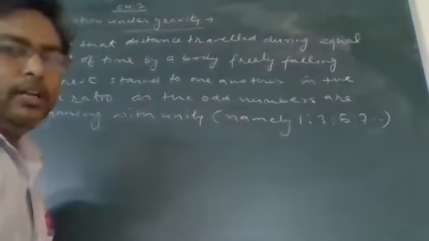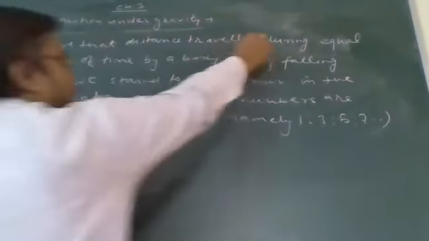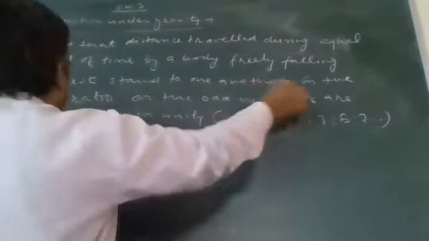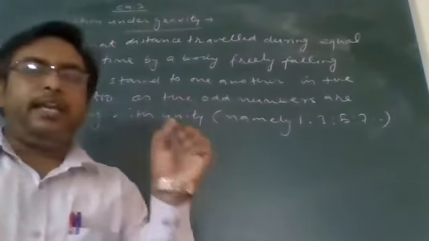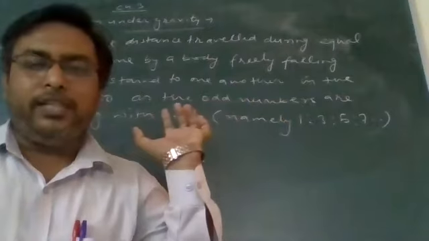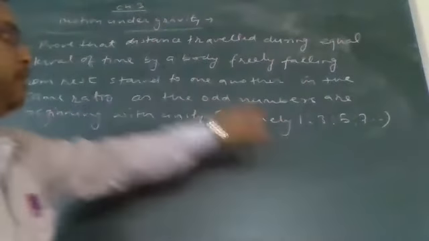Easy. What is the question? See the question. Prove that the distances traveled during equal intervals of time by a body freely falling from rest are in the same ratio as the odd numbers beginning with unity. That means if I take every time interval as equal, say 1 second, then the ratio of distances traveled will come here.